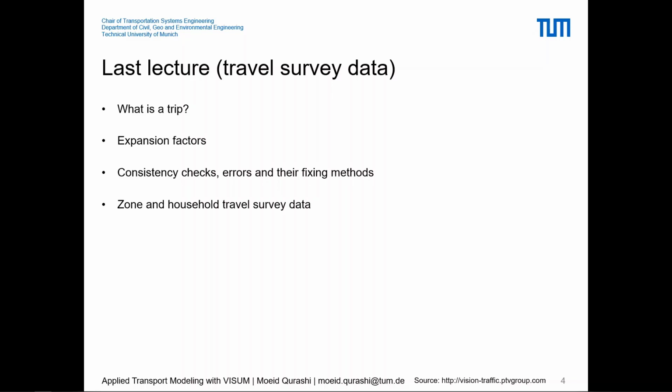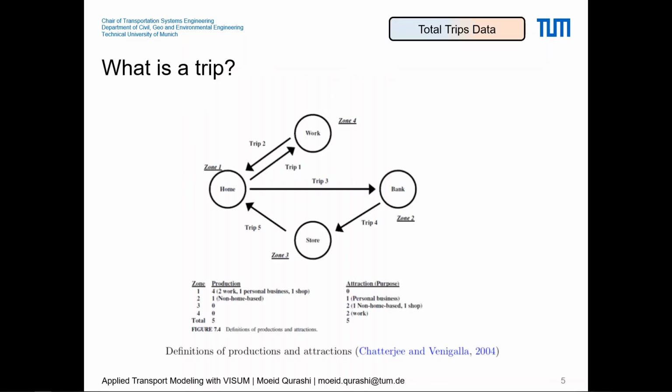And lastly, we also had a look at zonal and household travel survey data. It contained one Excel sheet about the zonal attributes and three Excel sheets about household data, person data, and trips data. Again, this is just to revise the previous discussion.